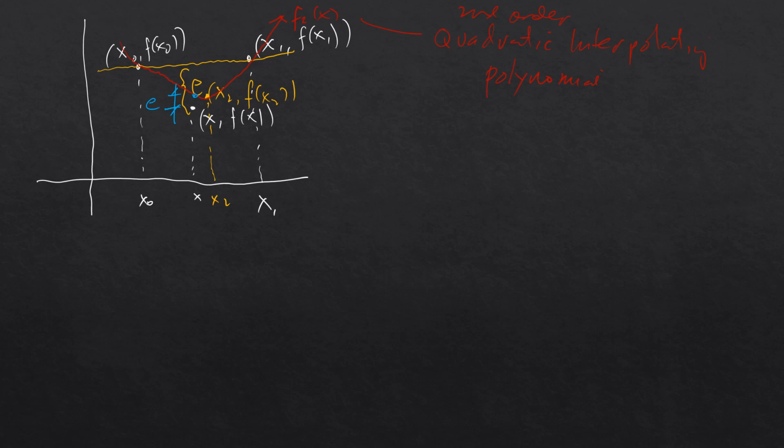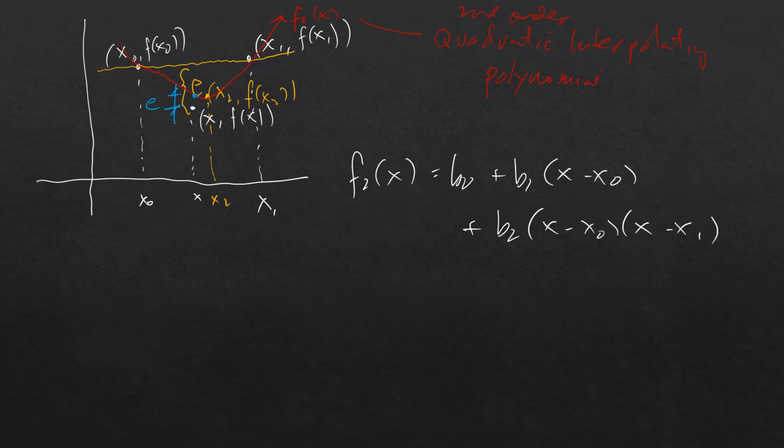For a more convenient form, we shall write our second order polynomial f2 of x as b0 plus b1 times x minus x0 plus b2 times x minus x0 times x minus x1. So we have here the term x squared, indicative that that is a second order polynomial.